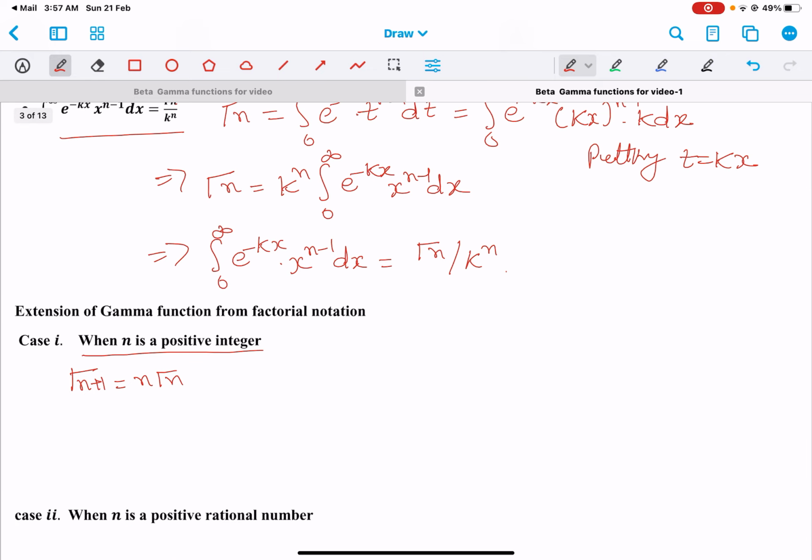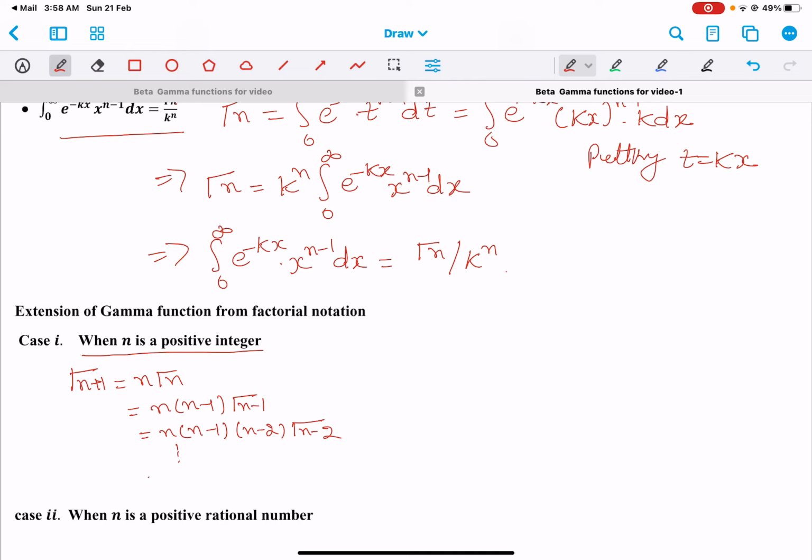So when n is a positive integer, you may reduce it gradually like this, and similarly the next term will be likewise.